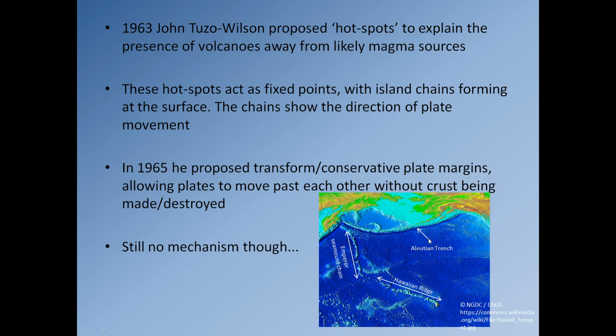And then the direction of travel shifted to a northwesterly direction, and so the Emperor Seamount chain ended up over here. And so this gives us an idea of the direction of travel. So it shows us that the plates are definitely moving, and the direction in which they're moving. And so once again, another piece of evidence to suggest that Hess is correct, but there's still no mechanism.